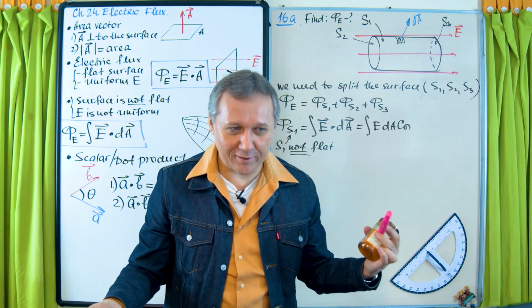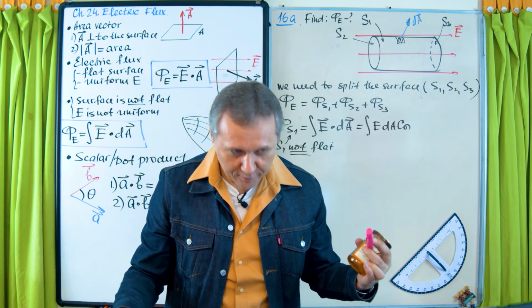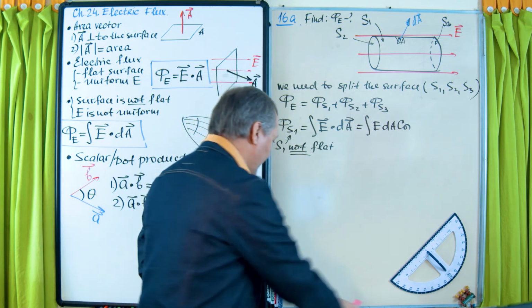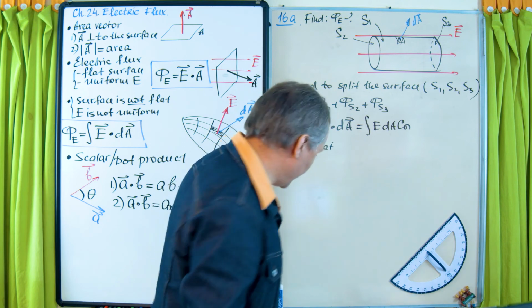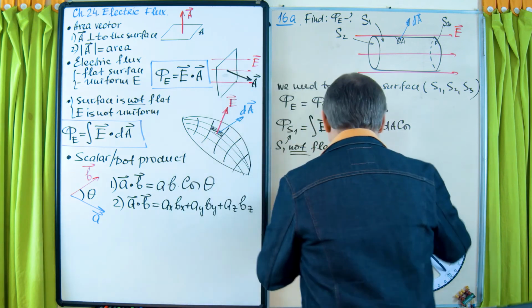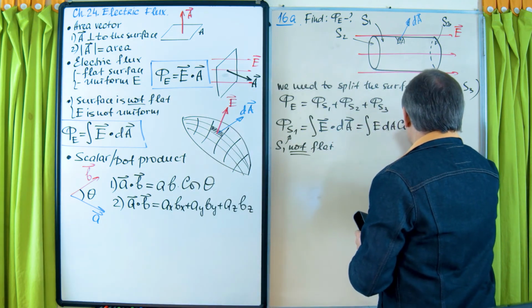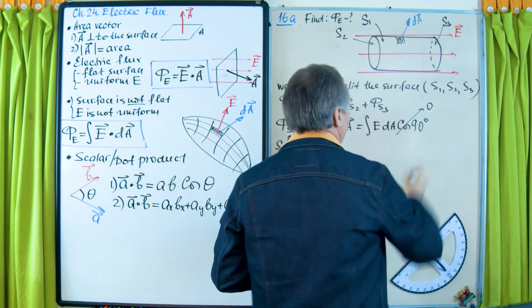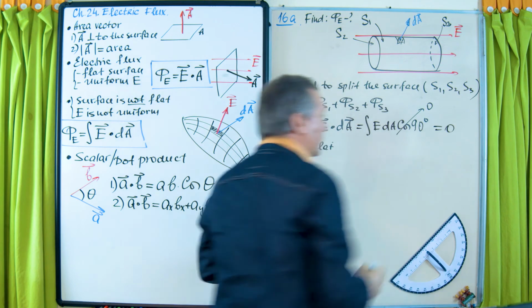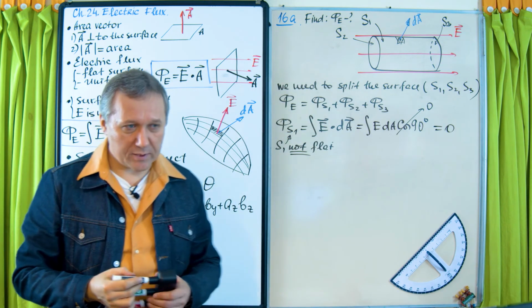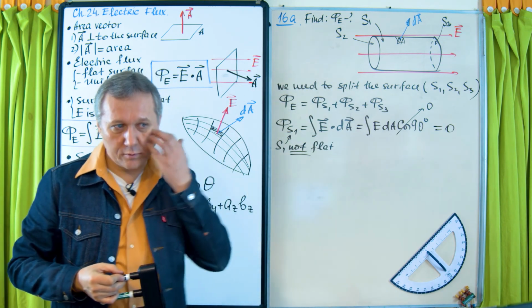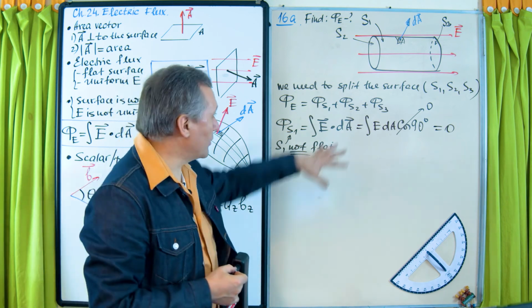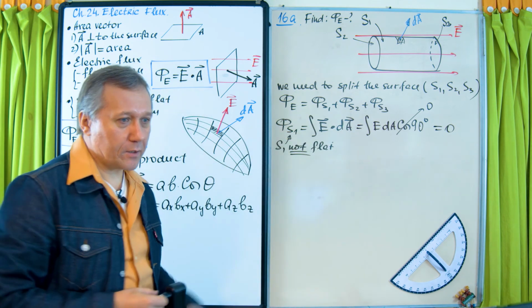And cosine of 90 degrees is 0. That's the mathematical explanation of the zero flux. So the whole integral is 0. That's how we can get it mathematically, but conceptually, we already discussed it. So that's the tricky part.